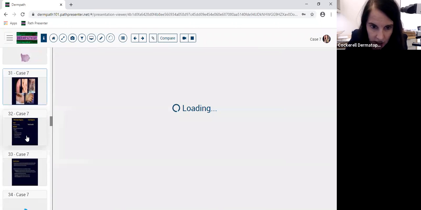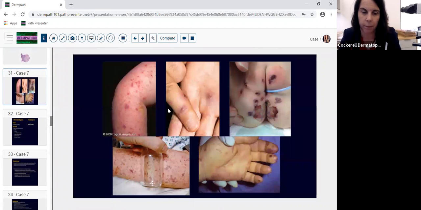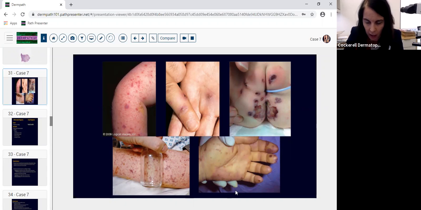Clinically, this had a very striking appearance where you see pinpoint petechiae, and you have pustules, and you even have a bullous ulcerated process here, actually hemorrhagic, and there's purpura here. Also, you have lesions on the palm, which is very characteristic of this entity.